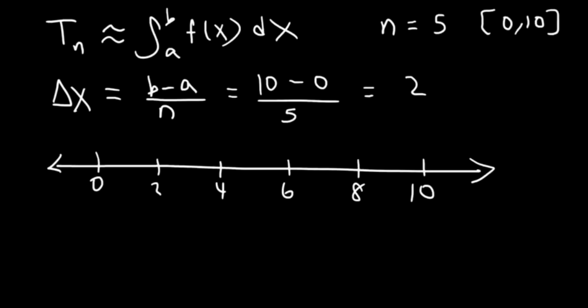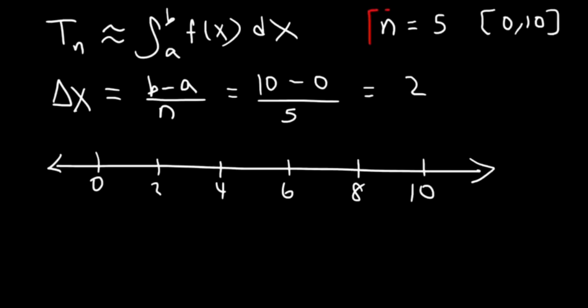Now, just to recap, using the left endpoint for a Riemann sum problem, you would have to choose 5 points out of the 6 points listed. Since n is equal to 5, there are 5 intervals, and you would have to choose 5 of the 6 points. So for the left endpoint rule, you would use 0, 2, 4, 6, and 8.